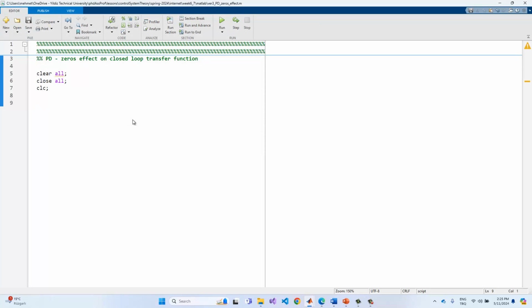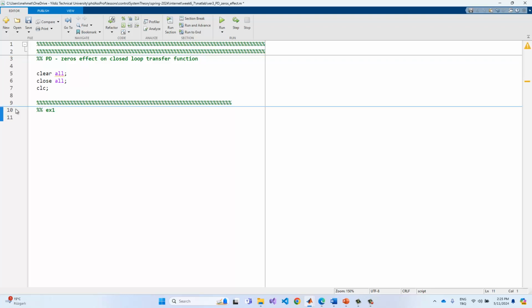Okay, and so firstly we need to give the x1 in here, just like this one, to define normal PD design with zeros.